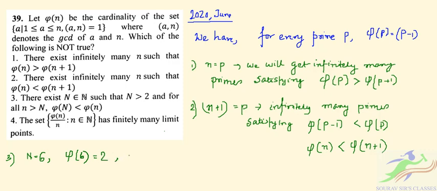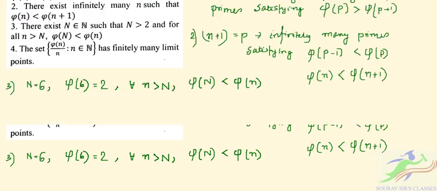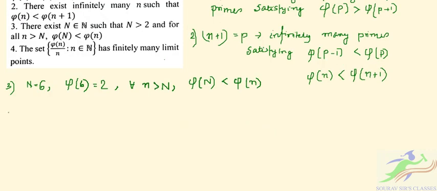Then for all n greater than N, phi of N is less than phi of n. So option 3 is also a correct statement.